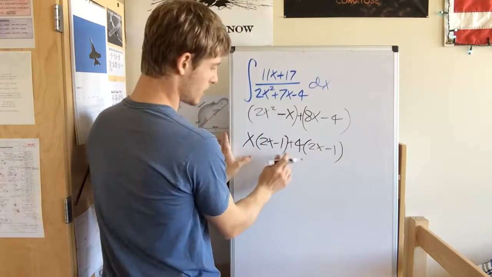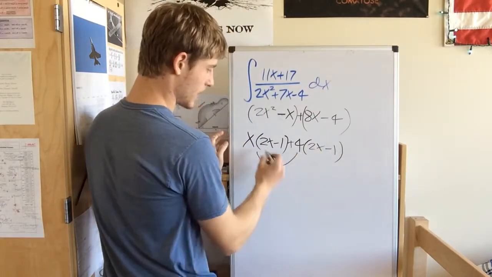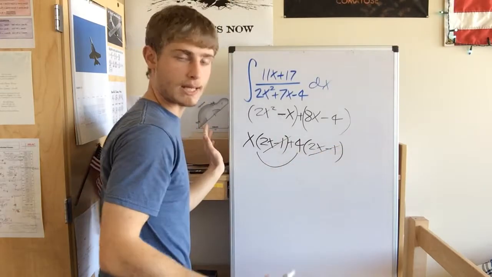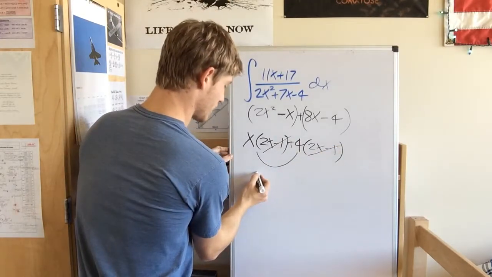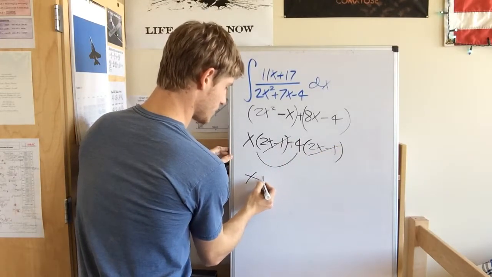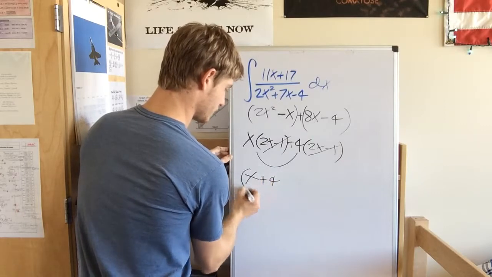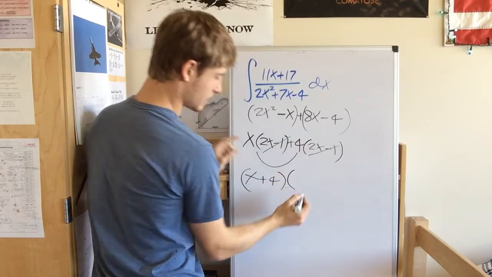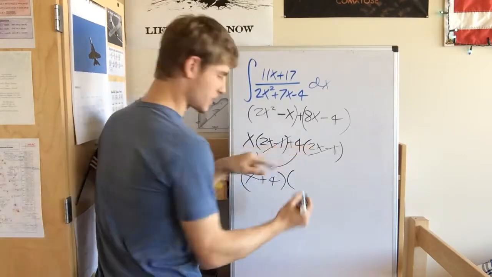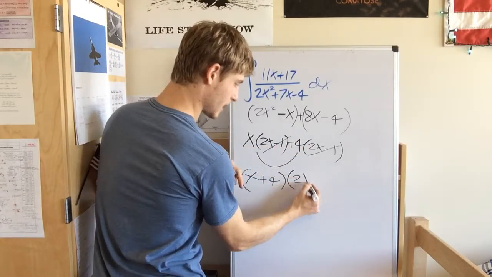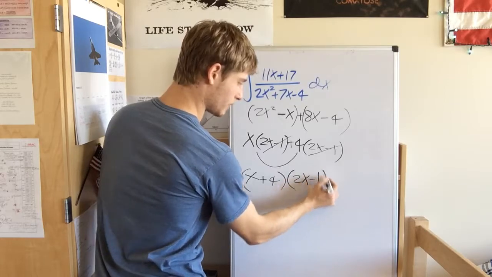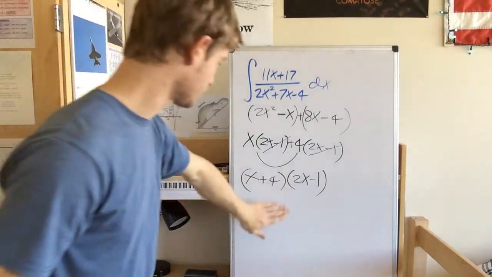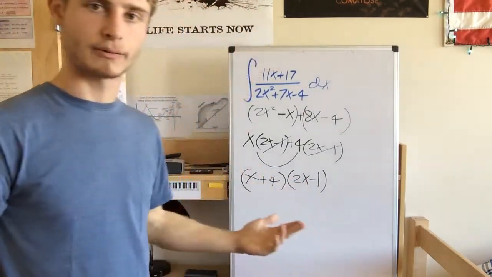So these are going to cancel out, and we're only going to keep 1. So the first term here is going to be x plus 4. That's these. And then we're going to say that times what's in the parentheses, which is 2x minus 1. So that right there, that's our factored form of the bottom.